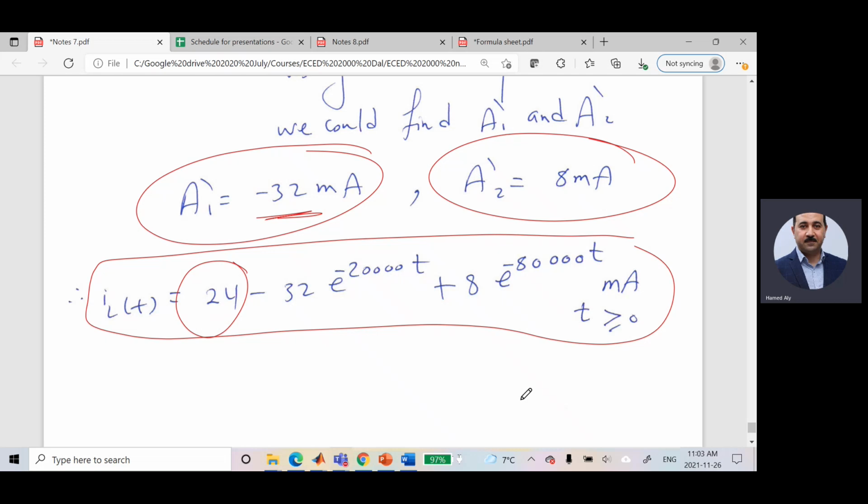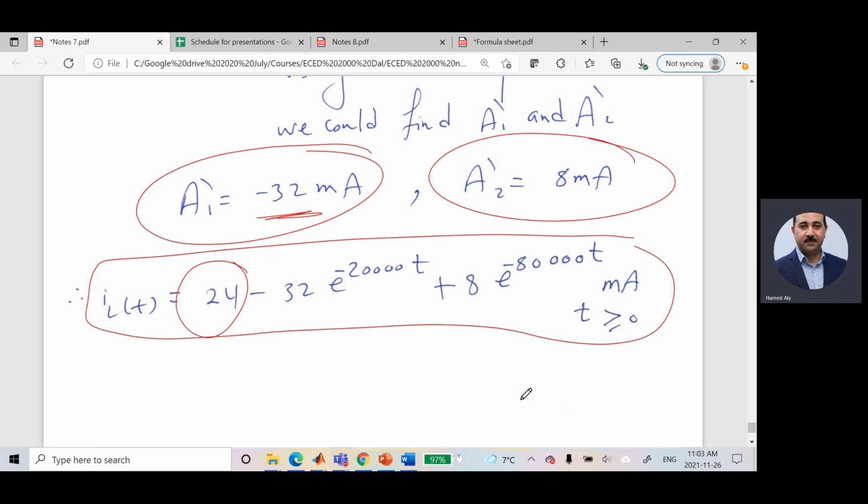Based on their values, I can decide which equation I am going to use. Then I will write my equation, find the initial conditions, and find two different equations as a function of two different constants. Then find those constants, and plug them again to find I of t.